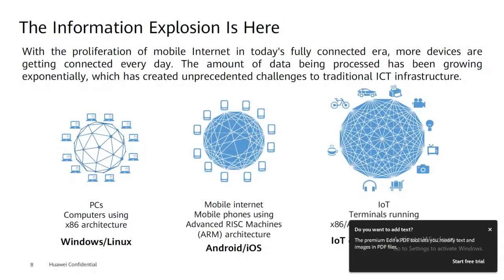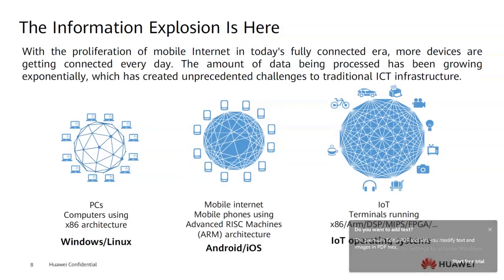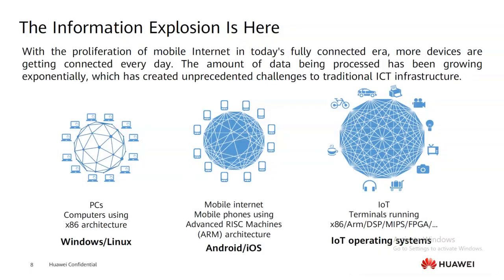IT basics. In a typical IT environment, we deal with a lot of computers. These computers run on different types of operating systems: Windows, Linux, mobile devices that run on Android, iOS, and also IoT devices that run on different types of IoT operating systems.